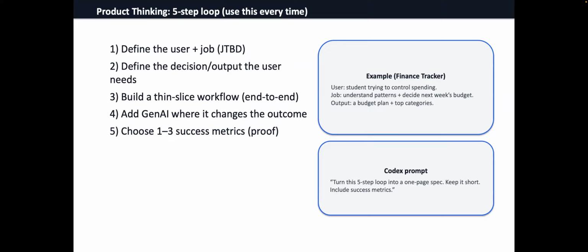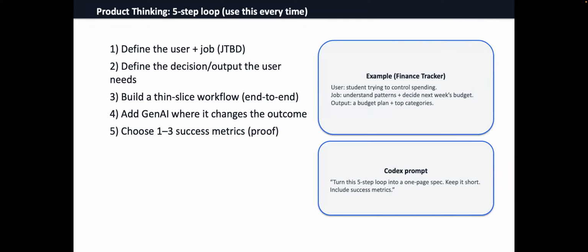We can define the decisions and also the output the user needs, and then we can build a really simple workflow, and then we can add generative AI where it changes the outcome, and we can choose 1 to 3 success metrics, and this is the end of the first generation of the prototype. Then we can make it more and more efficient, more and more clear. And as a result, that's the improvement you are going to see comparing the two generations, right?